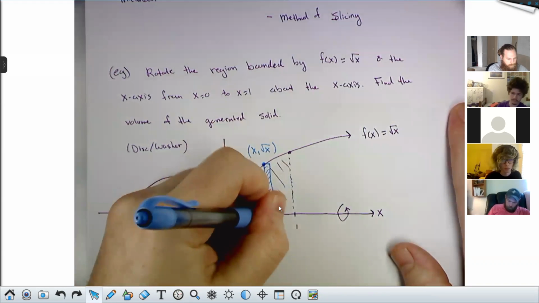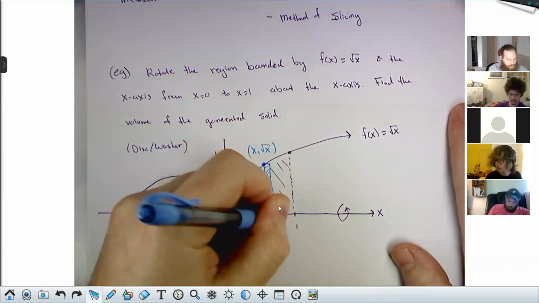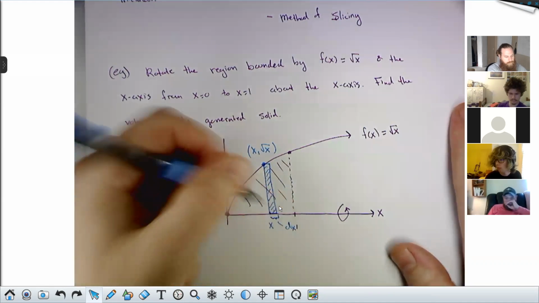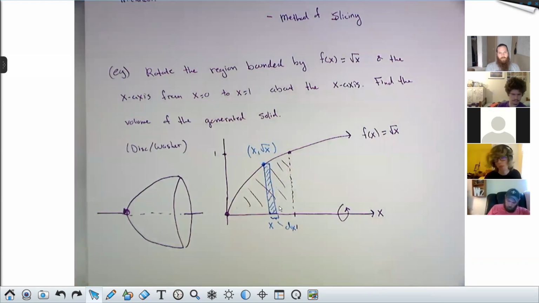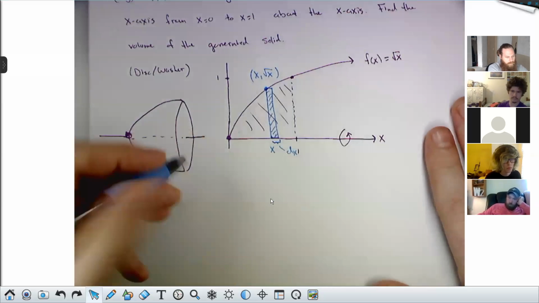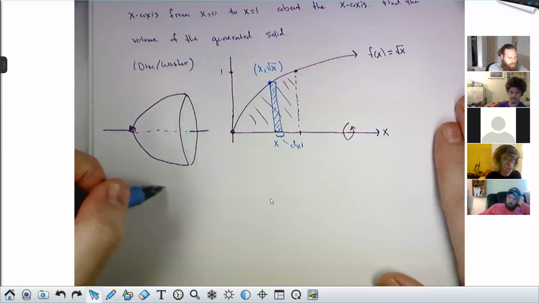And the thickness, we said, is dx. If you imagine rotating just the strip, forget about the rest of the region, imagine for a second that I want to rotate just this little dx thickness strip. That would generate a little disk.